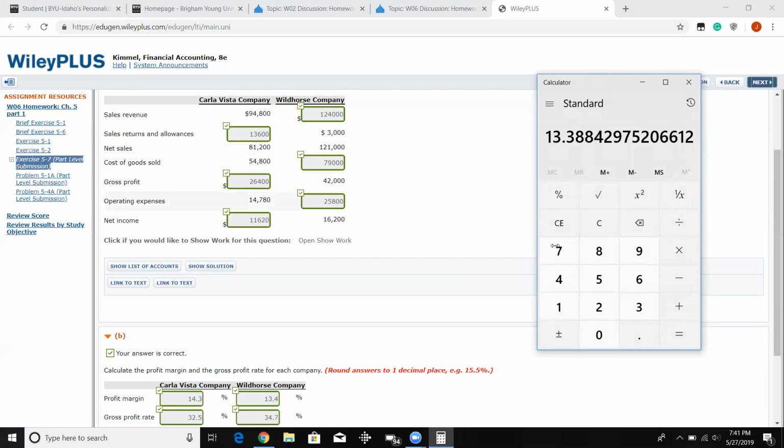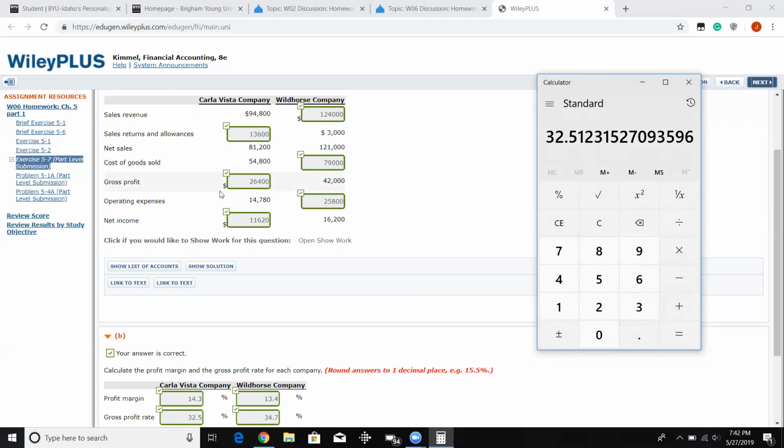So for Carla Vista, we're going to take 26,400 and divide that by 81,200, and again multiply by 100. Oh, I messed up. 26,400 divided by 81,200 times 100. So we're going to end up with 32.5.